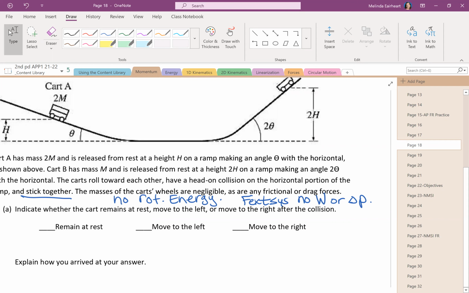It's not a paragraph response like we saw last time. Now, note to self, paragraph response, they will read it no matter what you check, no matter what decision you make. They will read it, okay? But for these short justifications that are maybe only 2 or 3 points, if you don't check the correct box, they don't read it. Don't check all 3. Here's your test taking strategy, okay?